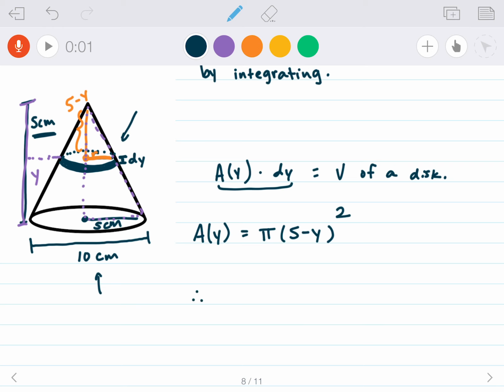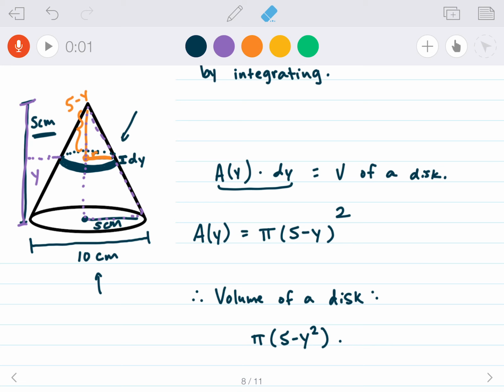So therefore, the volume of a single disk is going to be A of y, so pi times 5 minus y squared. Again, this is the area of the base times the thickness, which is dy.